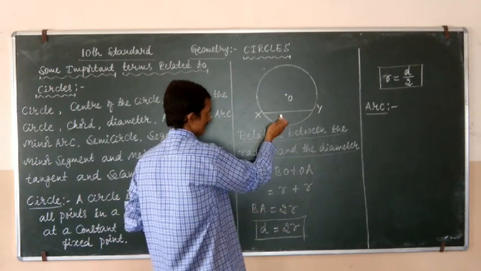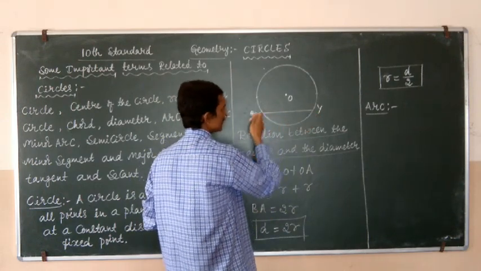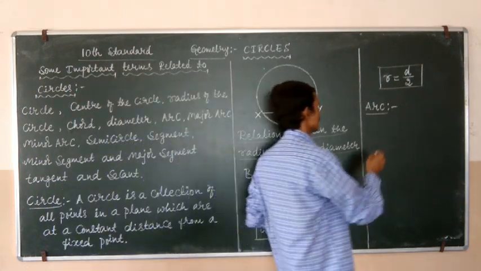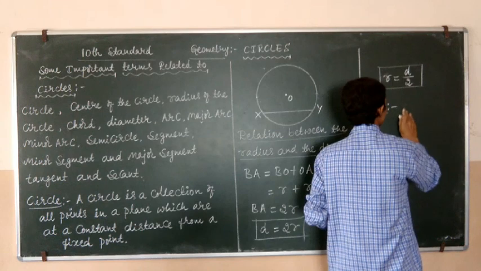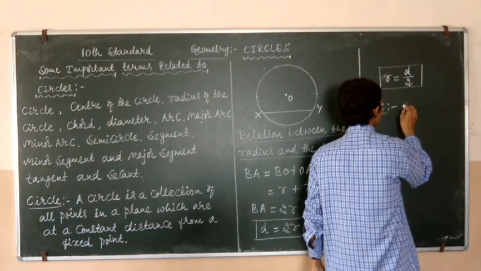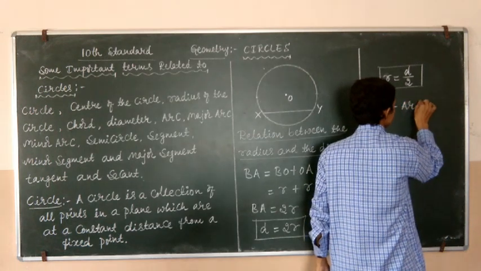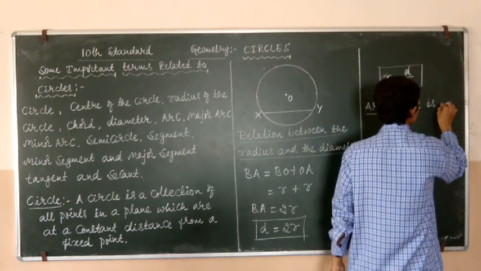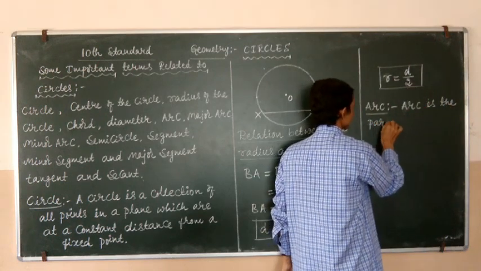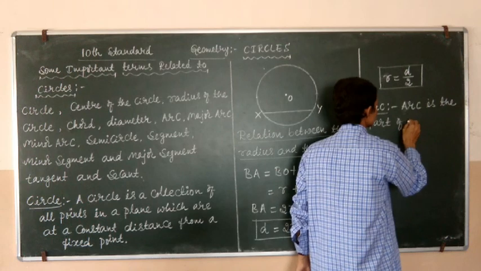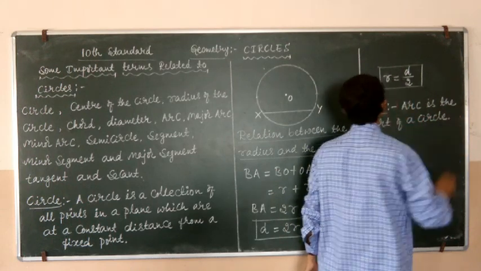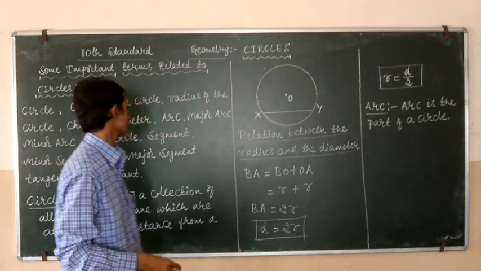These parts of a circle are called an arc. So we can write, arc is a part of a circle.